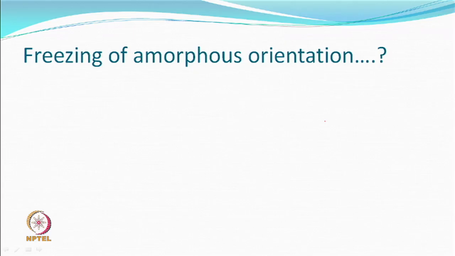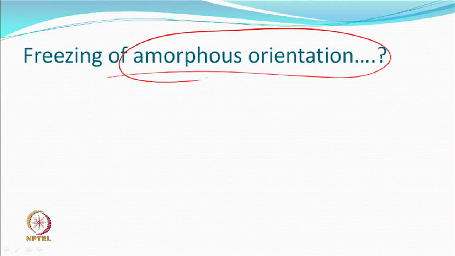They did manipulation and this fiber responded well. So, you could produce a component which has been oriented, not crystalline, and a component which has been oriented and heat treated a little more so that it crystallized. So, you can produce shrinkable and non-shrinkable components. It is called freezing of amorphous orientation. Yeah. So, it is possible to freeze in amorphous orientation. Because it is oriented, therefore, when you give any stimulus, it will like to shrink.